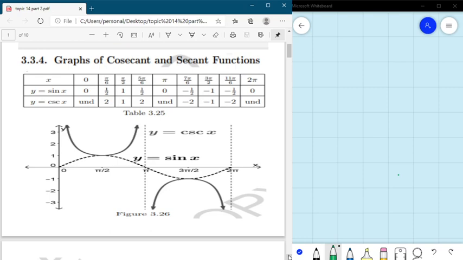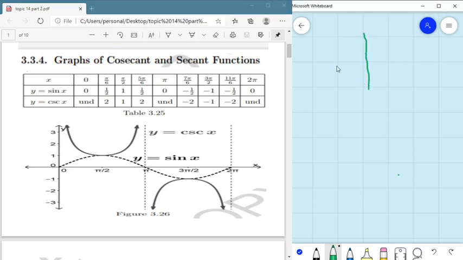When we say k pi, that would be 0 and multiples of pi. So 0, pi, 2 pi, 3 pi, 4 pi, because if we recall the Cartesian plane in the unit circle, at 0, pi, 2 pi, the sine function values are zeros.